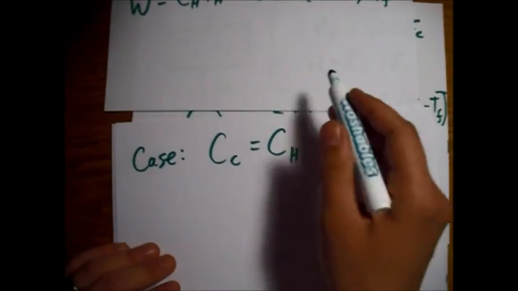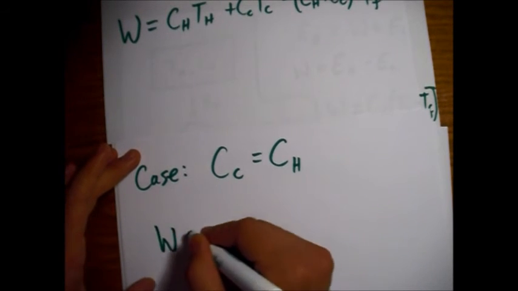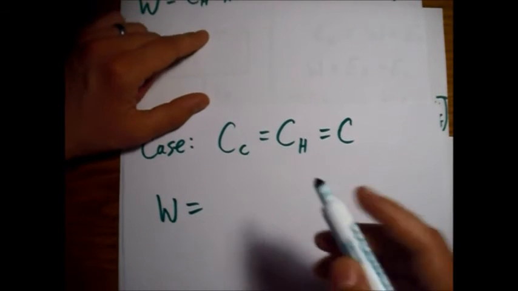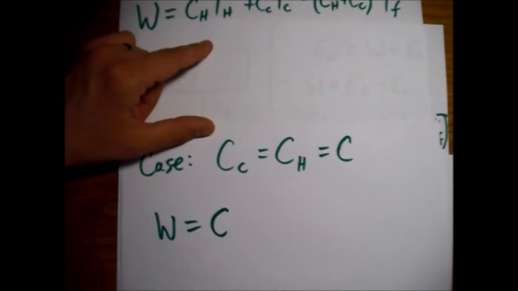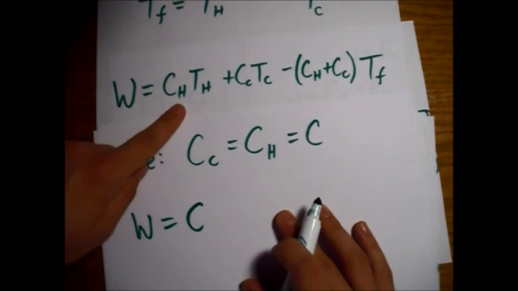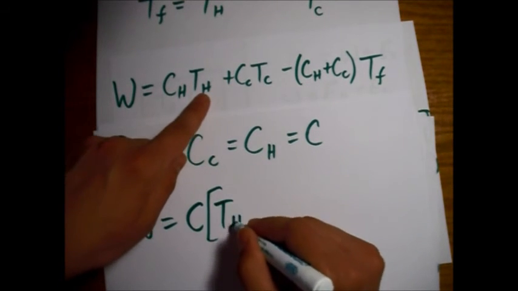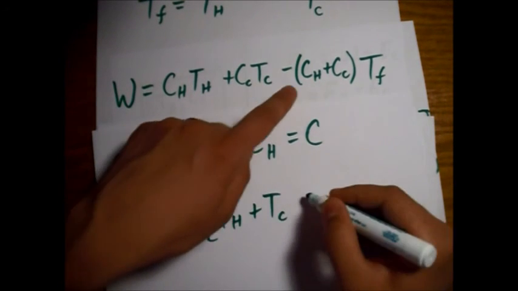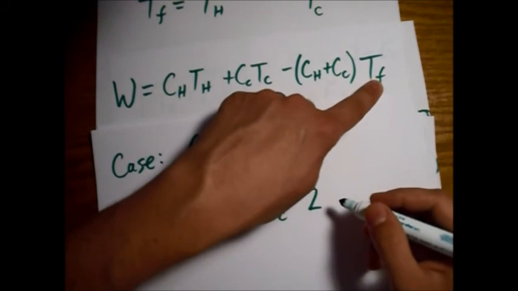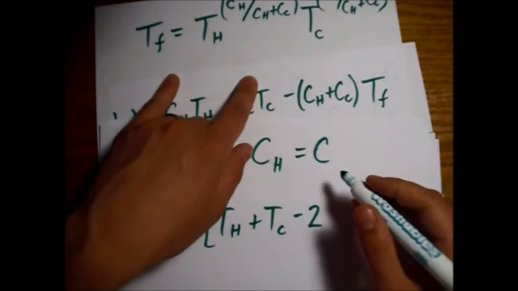Now let's just look at what the work is. So work. All right, I'm just going to call this C. All right. So I'm going to bring C out of this whole equation. All right. So here we have a T_H plus T_C minus, we have two of them here, so minus 2 T_F, and we'll go ahead and write that out this time.